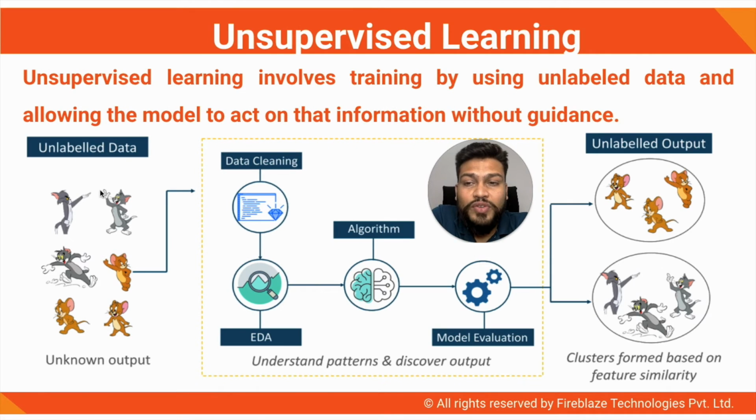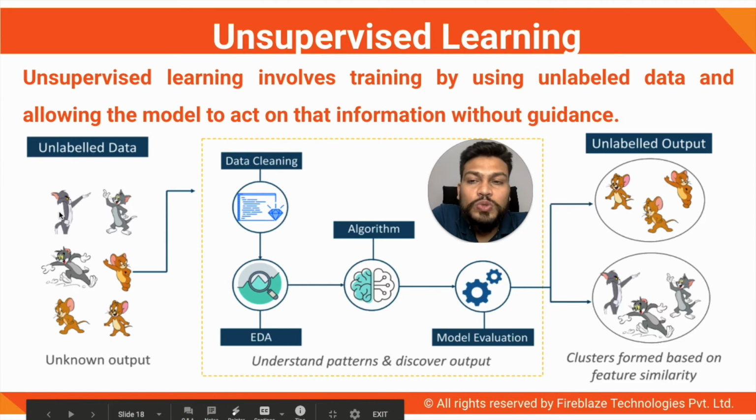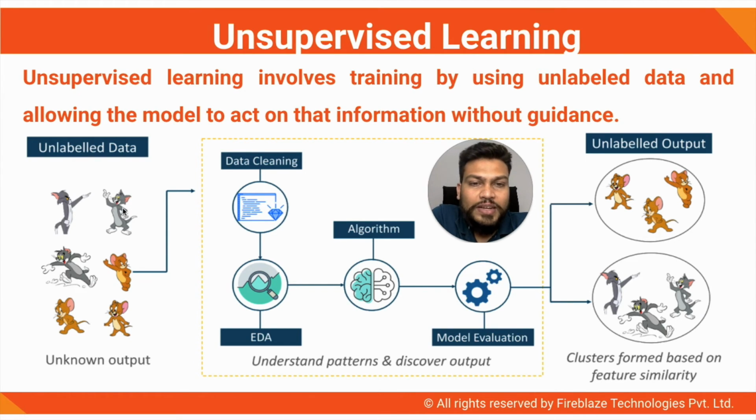But over here, this is Tom, this is Jerry. We know because we can recognize as humans, but the machine does not have any kind of label. It's just a cartoon standing over there, a cartoon acting over there. It's unlabeled. You have not told the machine that this is Tom, this is Jerry. You don't know the outcome.